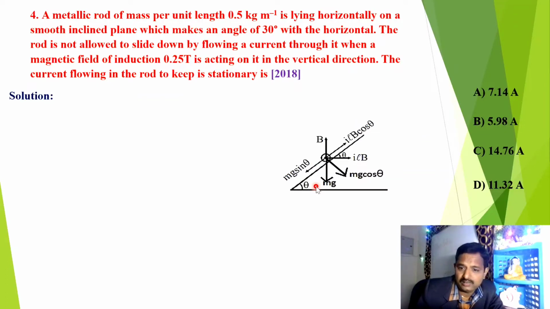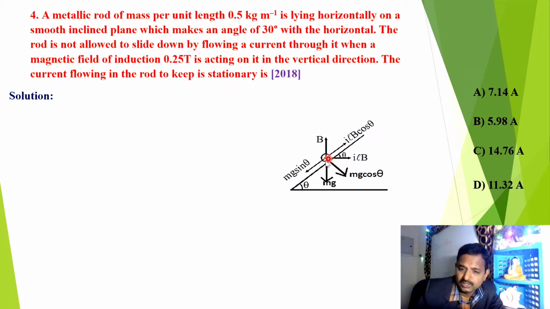The magnetic field acts vertically on this rod, and current is passing through it. If you identify the forces acting on the rod, its weight acts vertically downward. Its components are mg sin theta along the incline and mg cos theta perpendicular to it.